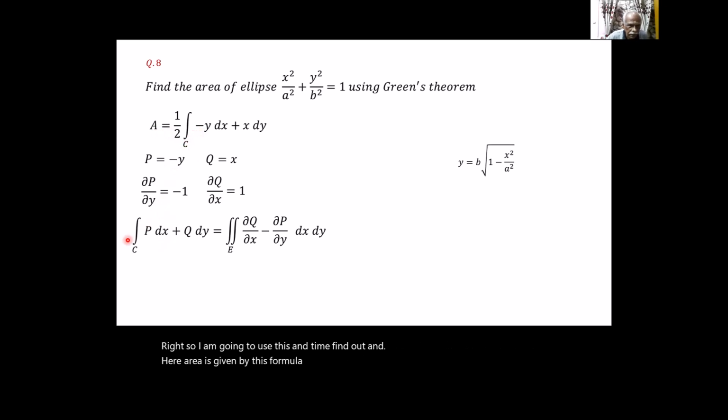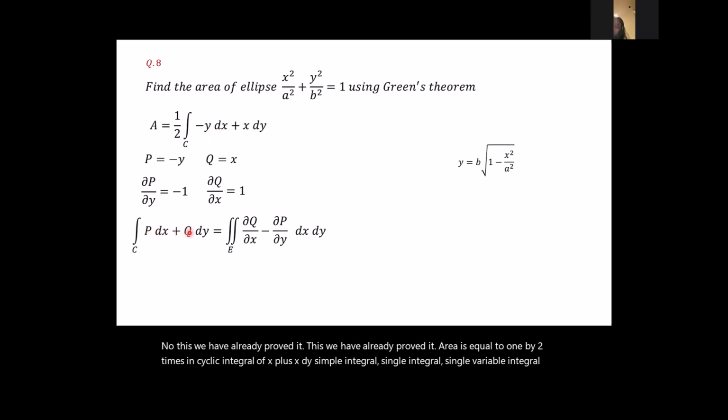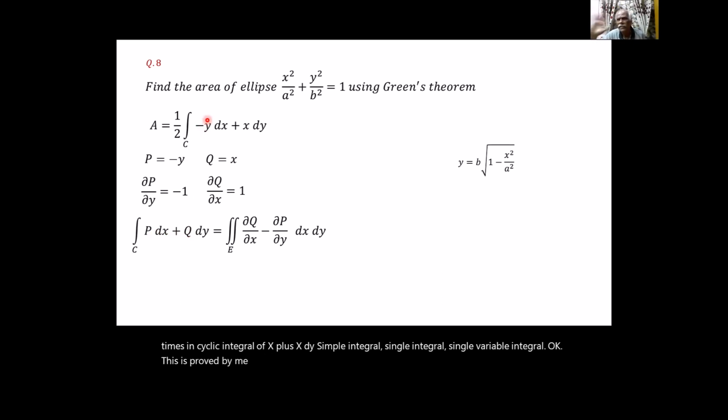We have already proved it. Area is equal to 1 by 2 times the cyclic integral of y dx plus x dy. Simple integral, single variable integral. This is given? This was proved by me to you in the first class.